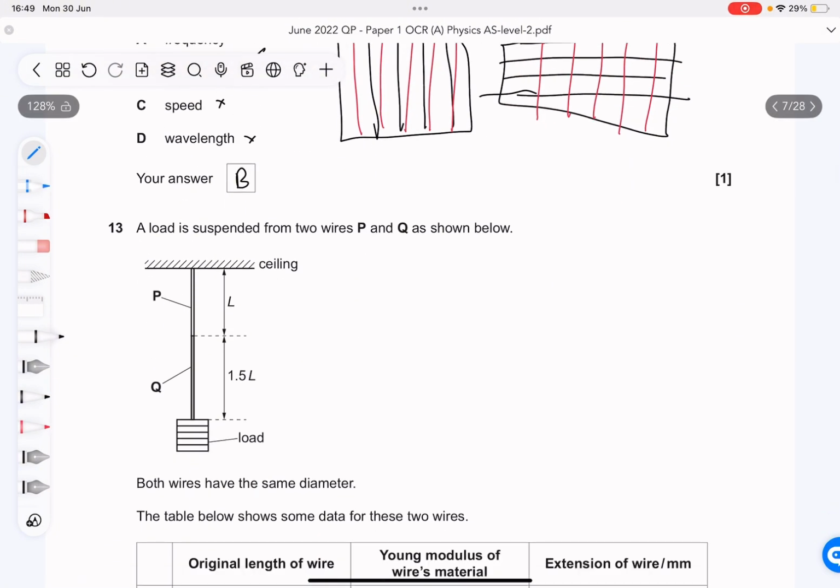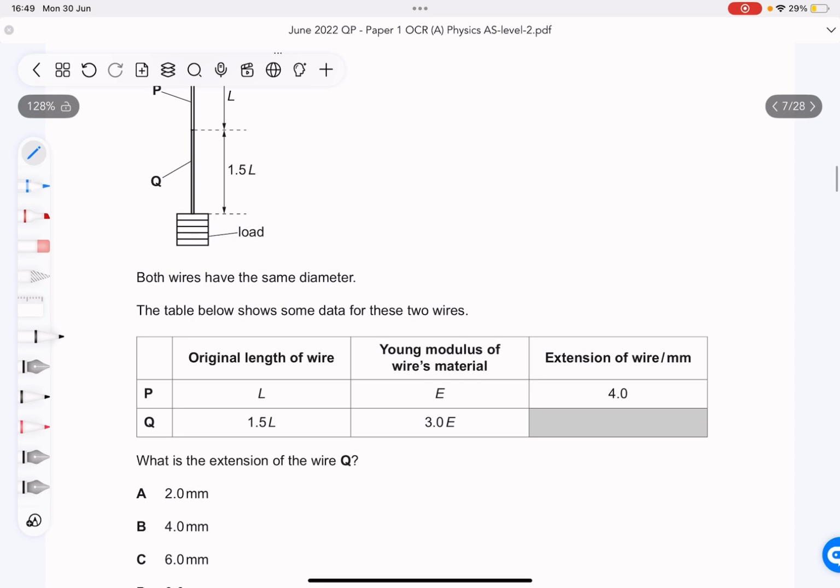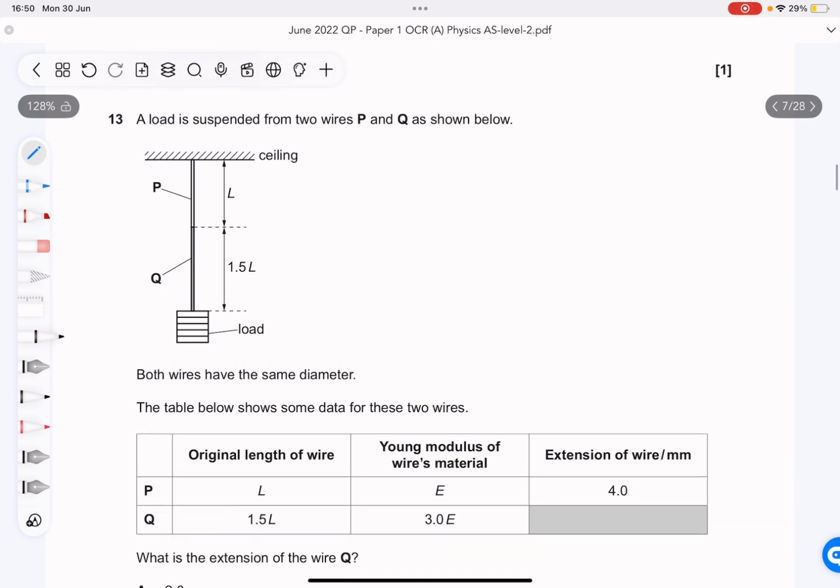Right, question 13. A load is suspended from two wires P and Q as shown below. Both wires have the same diameter. The table below shows some data for these two wires: the length, the Young's modulus, and the extension. What is the extension of the wire Q? The Young's modulus, or E as they've called it, is equal to the stress over the strain.